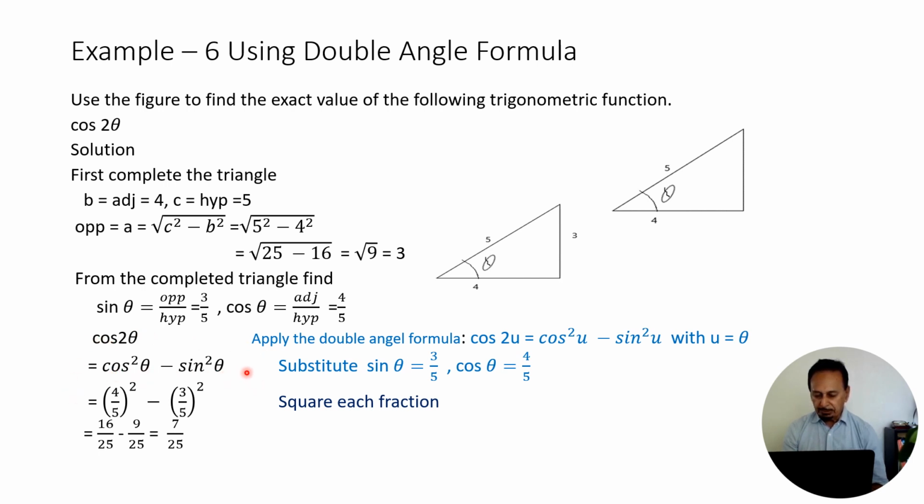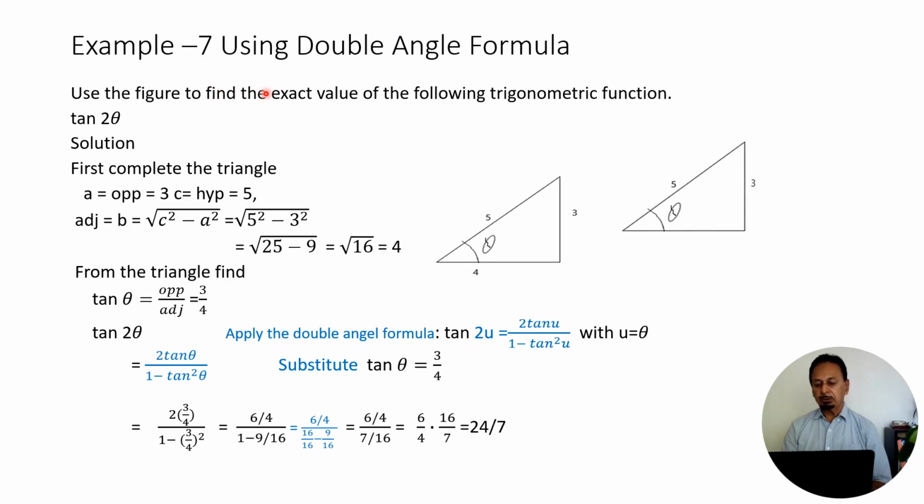Now we substitute sine theta is 3/5 and cosine theta is 4/5. So this becomes (4/5) squared minus (3/5) squared. Now this becomes 16 over 25 minus 9 over 25. We can subtract because they have the same denominator. 16 minus 9 is 7. So the answer is 7 over 25.